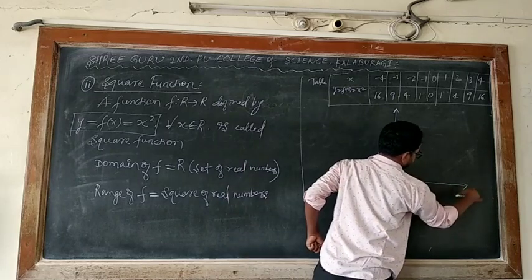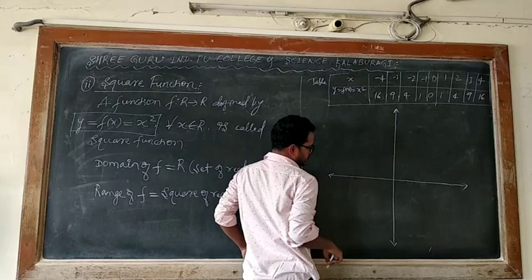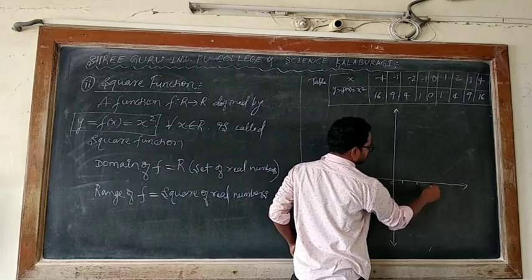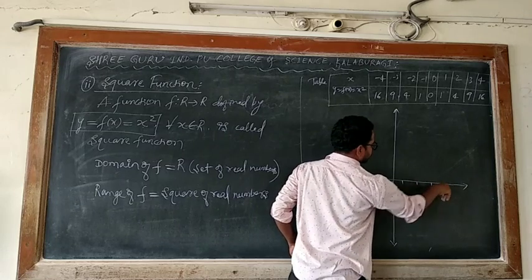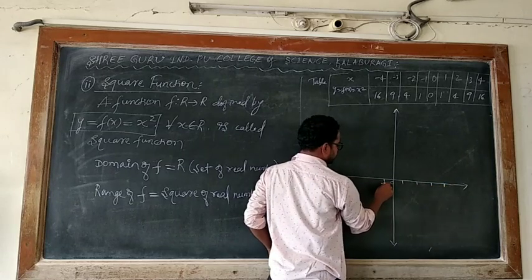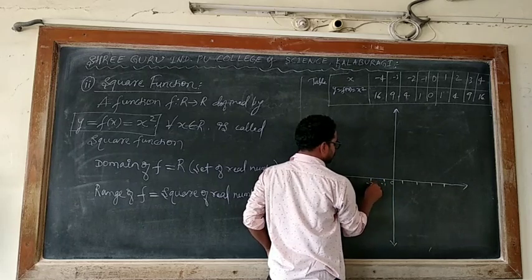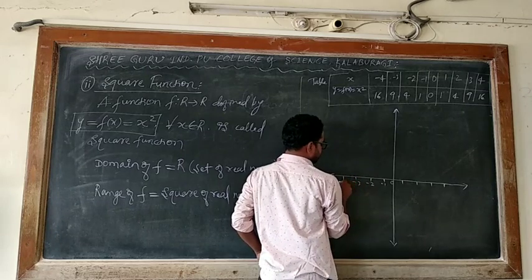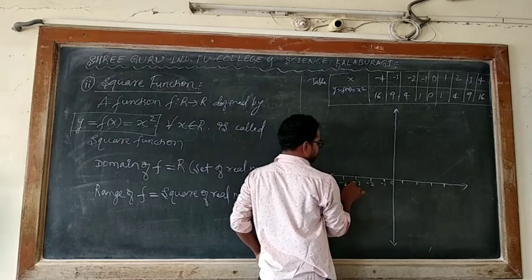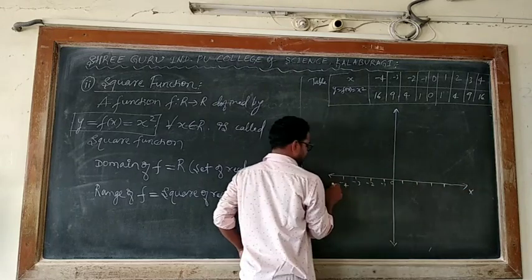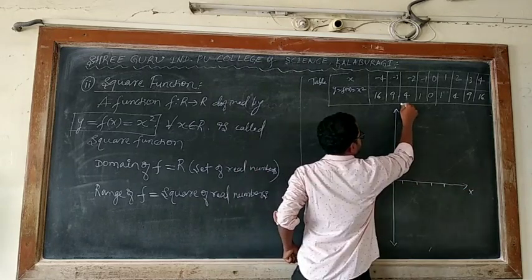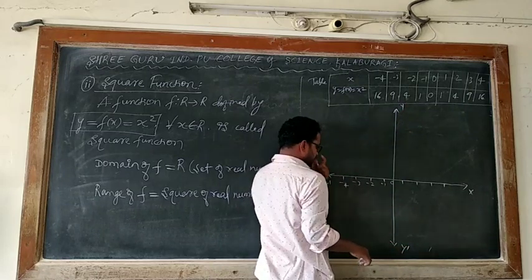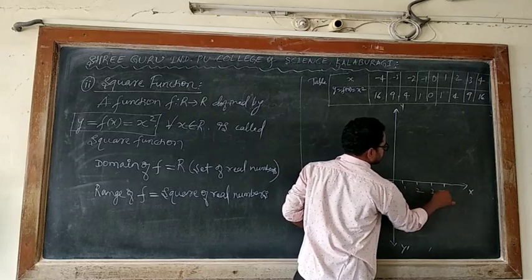So this is 0, 1, 2, 3, 4, minus 1, minus 2, minus 3, minus 4. Again this is x, this is x dash, this is y, this is y dash.